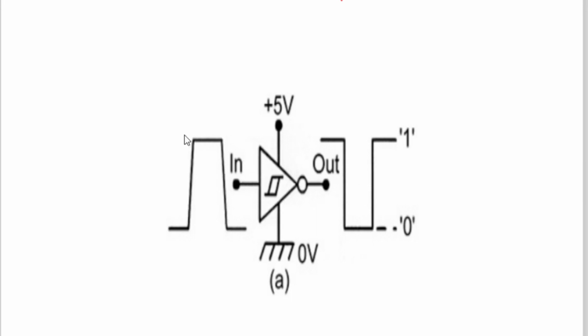But remember, HVL will become LVL and LVL will become HVL because it is an inverting Schmitt trigger. This is one of the important applications.